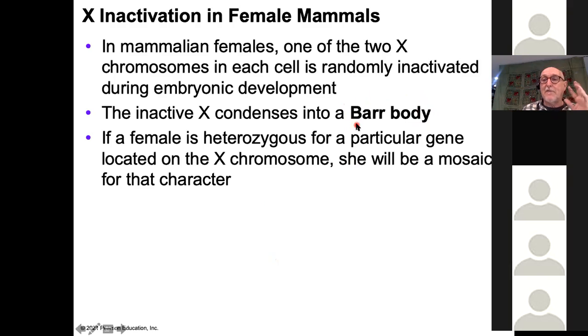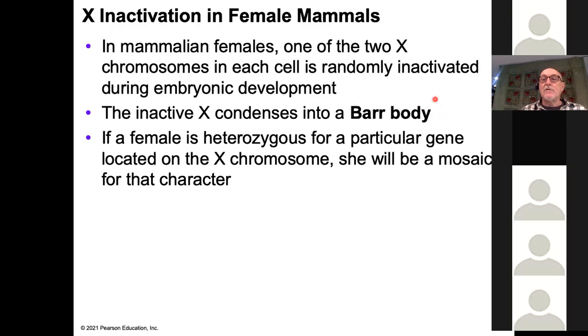If you look carefully at the nucleus of a female cell, you can sometimes see it. It makes a little dense staining blob in the nucleus, and that's called a Barr body. It still participates in mitosis and everything, but all of its genes are silenced.